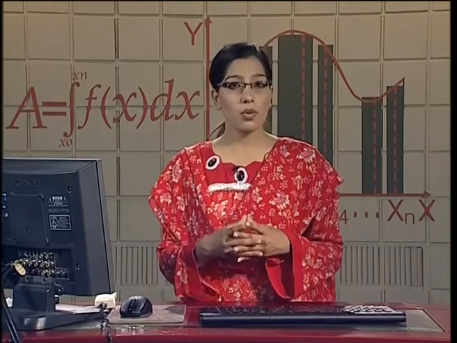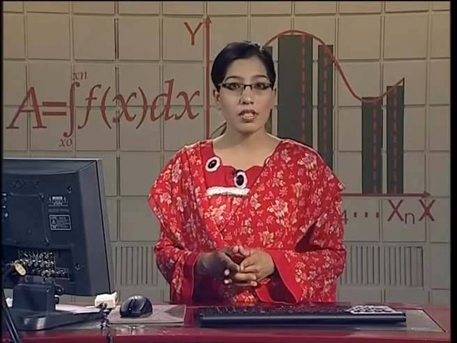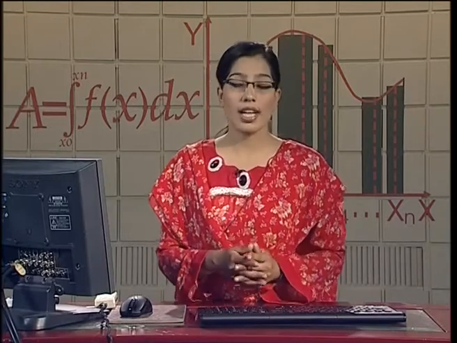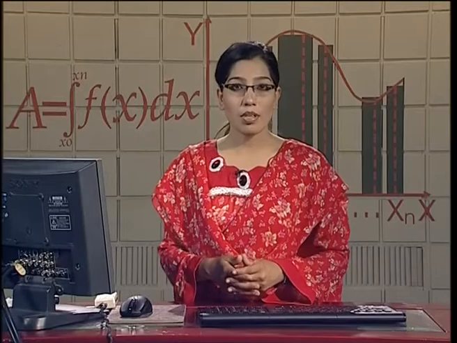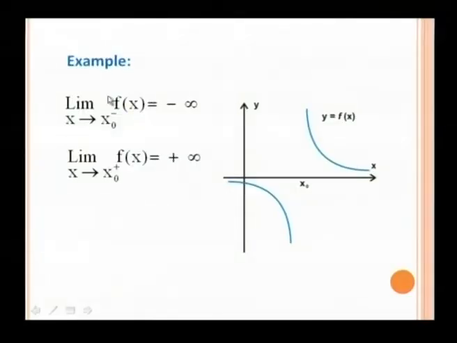Dear students, now we will consider some more examples where the limit does not exist. For the first example, you can see on the screen that limit x tends to x naught minus f of x gives you minus infinity, and limit x tends to x naught plus f of x gives you plus infinity. In both cases, for a certain f of x, the limit does not exist.